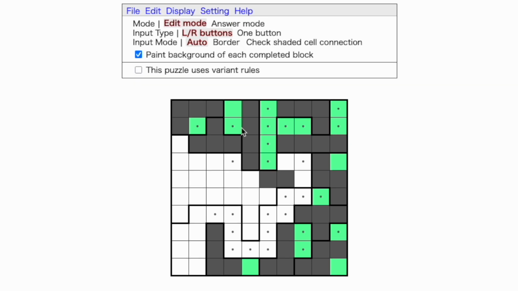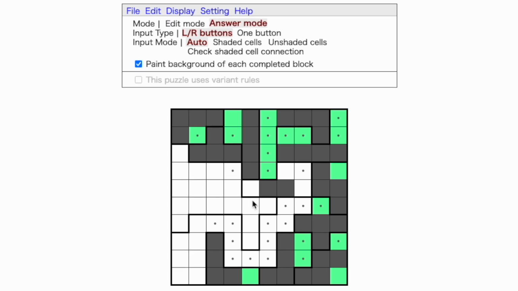Yes, if we made that a shape, we would have to either do a T or an L here, because we couldn't do an I, because we'd have two I's next to each other. Okay.